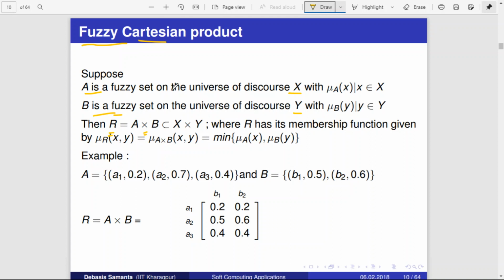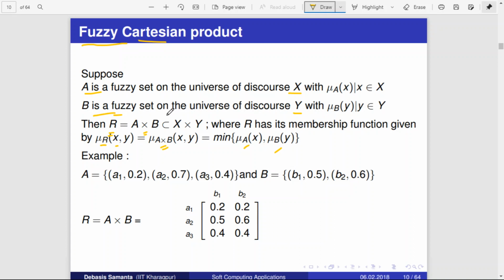So for the Cartesian product of fuzzy sets, this is how we define mu R of x comma y, where x belongs to the fuzzy set A and y belongs to the fuzzy set B. The Cartesian product is given as mu of A cross B of x comma y equal to min of the fuzzy set A and the fuzzy set B. So basically we are comparing two sets and taking the minimum values. This is how the Cartesian product of a fuzzy set is defined.